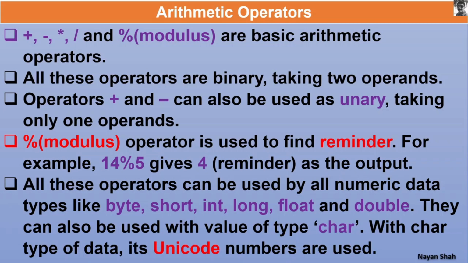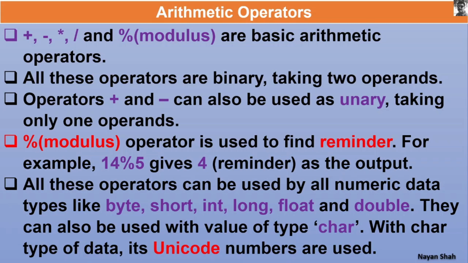So it requires 2 operands, and that is why it is called binary operator. But operators plus and minus can also be used as unary operator taking only 1 operand. If you write plus 85, it is not incomplete. If you write minus 76, it is not incomplete. So plus and minus can also be used as unary operator.